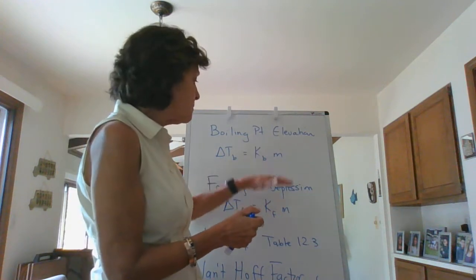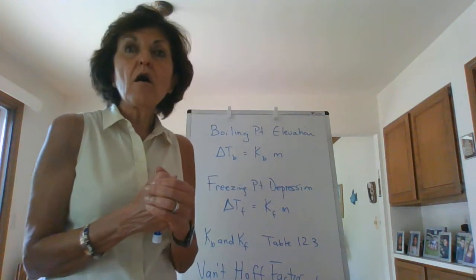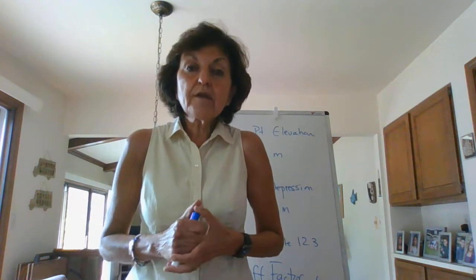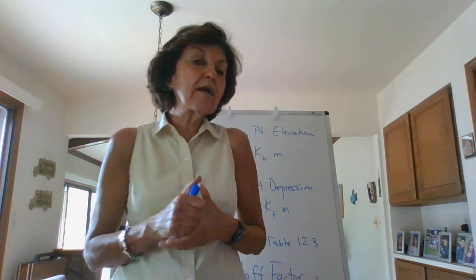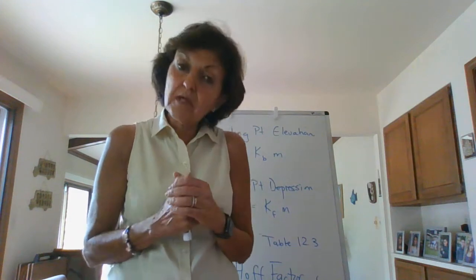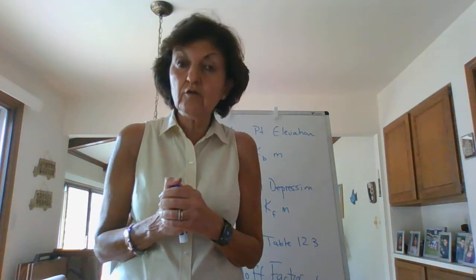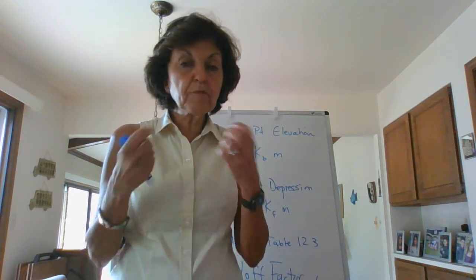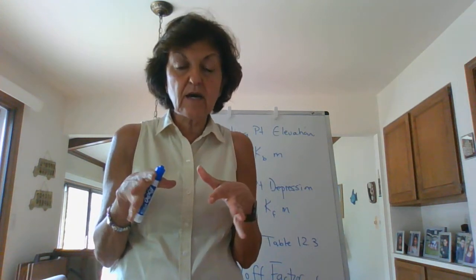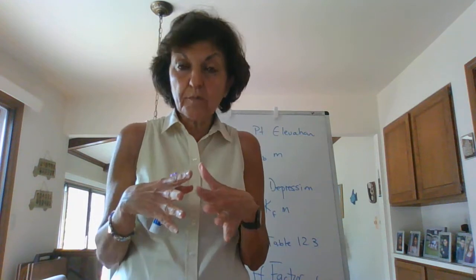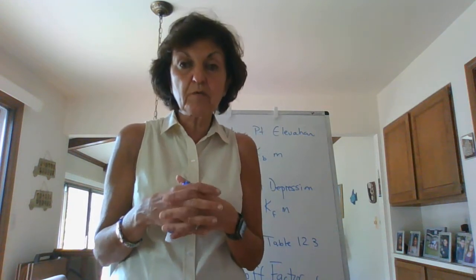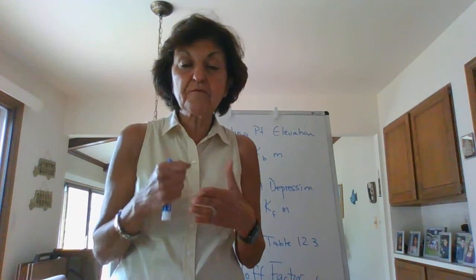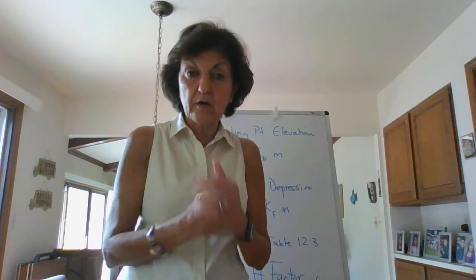Now, these two are specifically for solutes that are non-electrolytes, meaning any covalent solute. The minute you have an ionic solute, though, that ionic solute, if it's soluble in water, is going to break apart into ions. So it causes more particles of solute. And remember what I told you in the last video. Colligative properties are affected by the amount of particles.